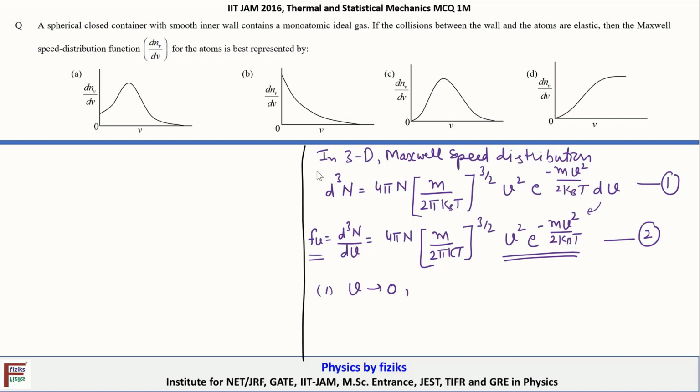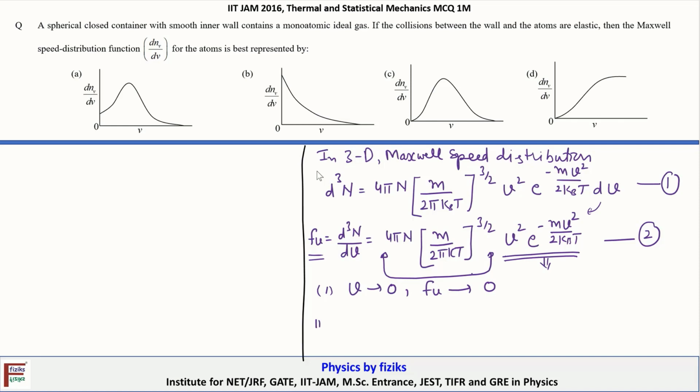If you take a look at these quantities, these are constants. For a fixed type of gas molecule, m is constant, and if temperature is fixed, then this quantity is going to be a fixed number. Now, when v approaches 0, in this approximation, v square also approaches 0. So under this approximation, f(v) also goes to 0.